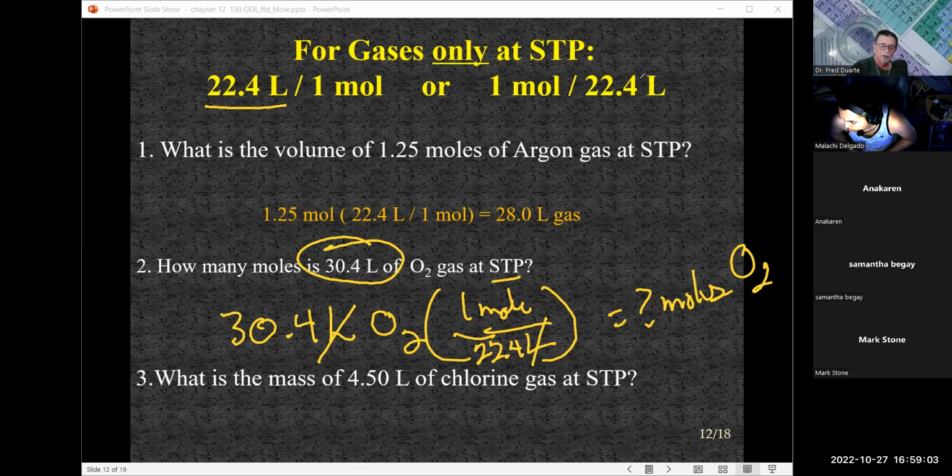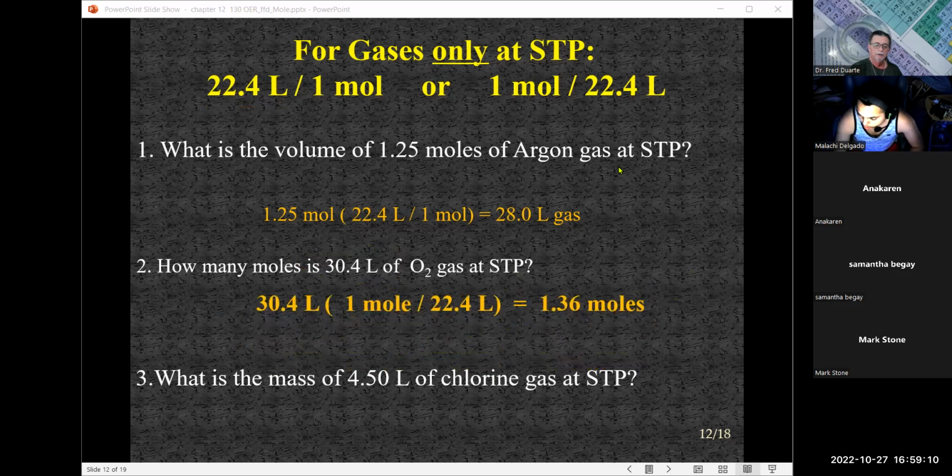So your moles should be a little bit greater than 1. Yep, 1.36. Now notice with respect to sig figs, the 22.4 liters is a measurement, and therefore could play a factor in determining your number of sig figs. So don't forget that. Remember, any measurement is not an exact number, so it could play a factor in your sig figs.